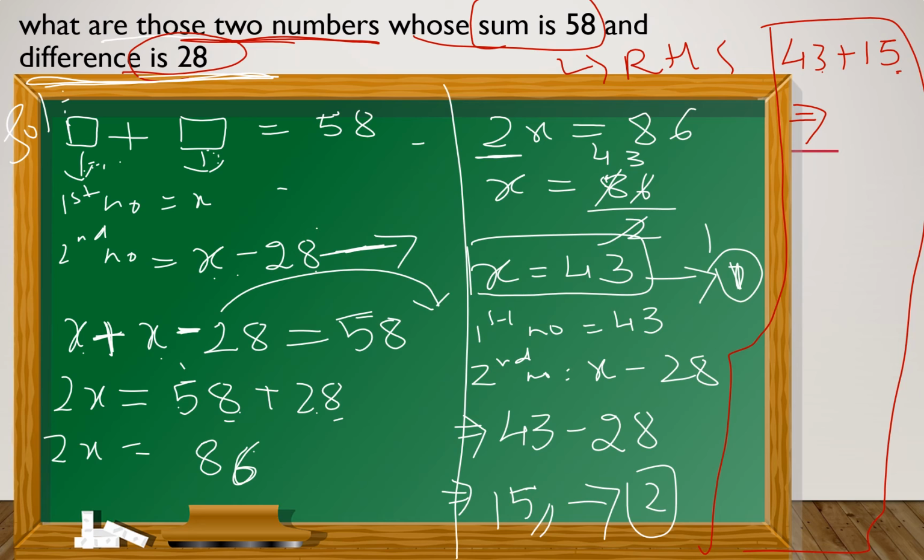So 3 plus 5 is 8, 4 plus 1 is 5. So both we got correct, which means our value of x is correct. The first number is 43 and the second number is 15, so the sum of these two numbers gives RHS as 58.